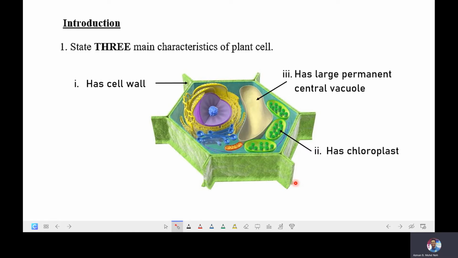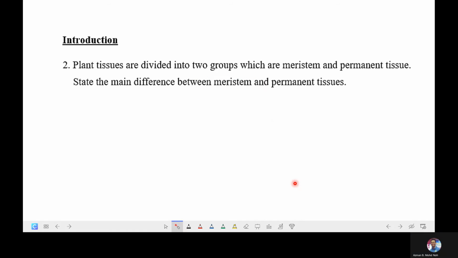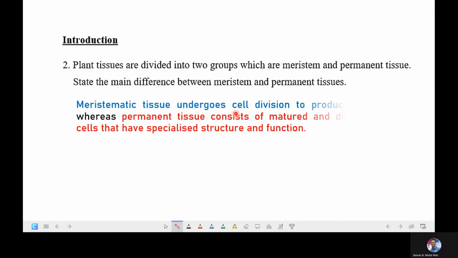Okay, now let's move on to the second question. The plant tissues are divided into 2 groups, which are meristem and the permanent tissue. So what will be the main difference between the meristem tissue and the permanent tissue? Basically the meristematic tissue undergoes cell division, mitosis, in order to produce new cells.